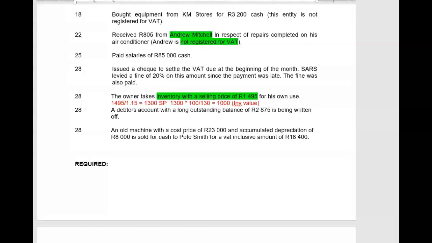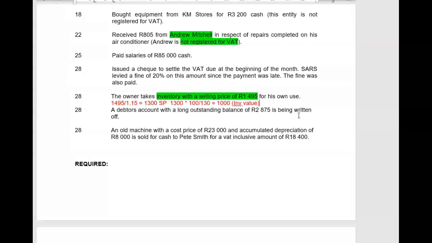So the receiver says, well, I have allowed you to claim that 150 Rand at the date that you purchased these inventory items. And the reason why I allowed you to do so is because your intention was to sell those inventory items on which you're going to make a profit, and then based on the selling price, you would have paid me VAT output on the proceeds for those items. He says, but you can no longer sell those items because you have taken them for your own use.